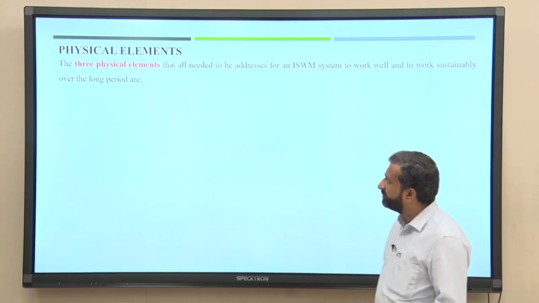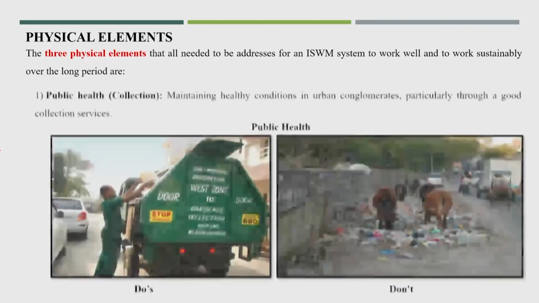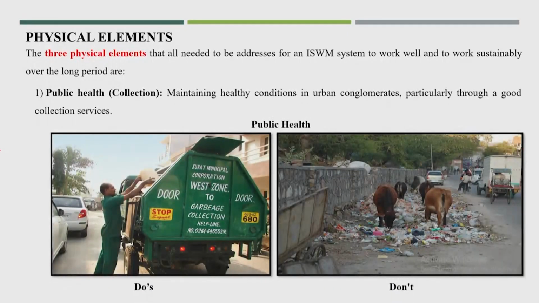First we will start with the physical elements. There are 3 physical elements that need to be addressed. The first is public health. The benefit of ISWM is that we normally call it proper collection, so rather than collection, why not call it public health.